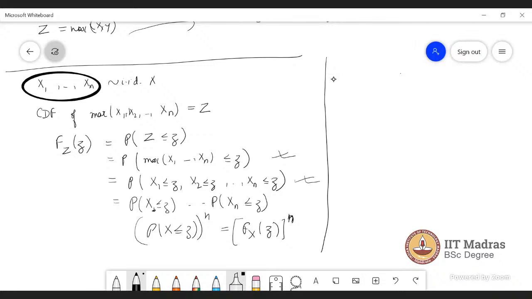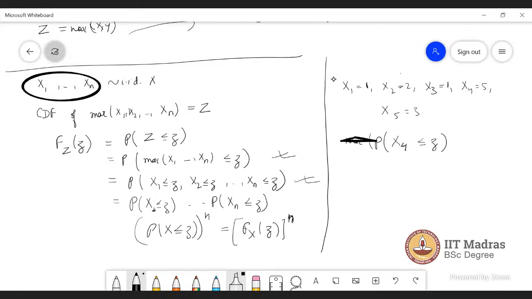Okay, let's say I have x1 to be 1, x2 to be 2, x3 to be again 1, x4 to be 5, and x5 to be 3. If I have to write the maximum of these samples, what is the maximum here? X4, which is 5. So if this is less than or equal to z, doesn't this mean that all of the xi's are less than or equal to z?